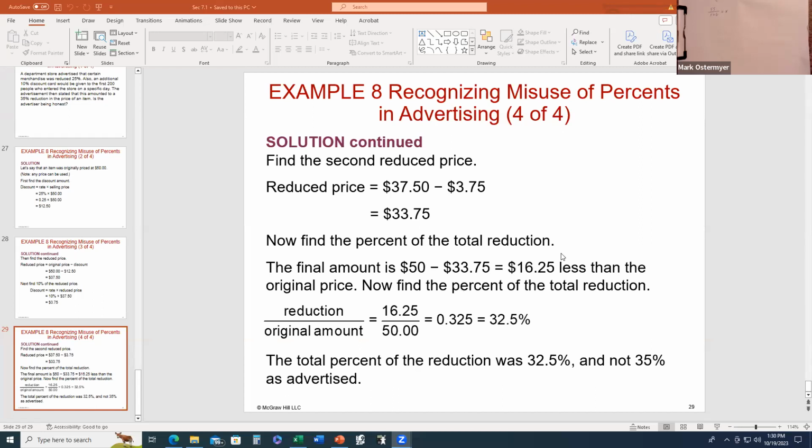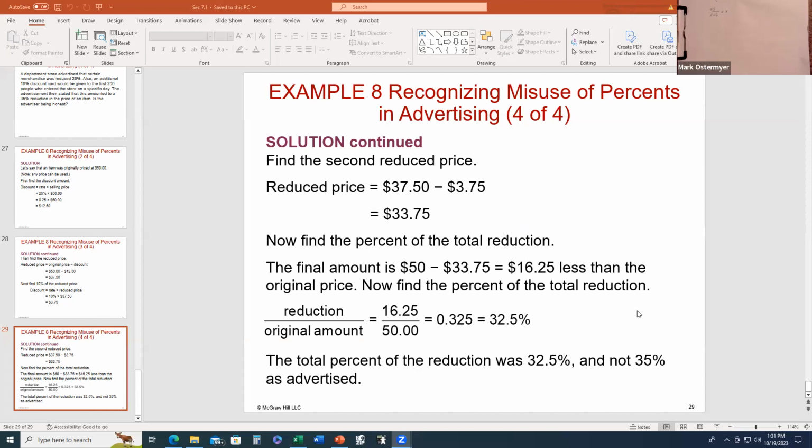Okay. So that's a situation where it could get a little bit murky when you have multiple discounts, but the discounts are being applied in, how shall I say it, stages. More than one stage. In other words, you're not taking a total percent off of the original price. You're taking a percent off of one price, and then that price is subjected to another discount, which might be subjected to another discount thereafter, et cetera.